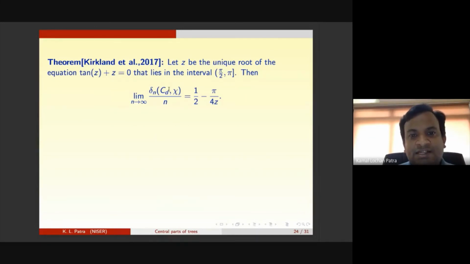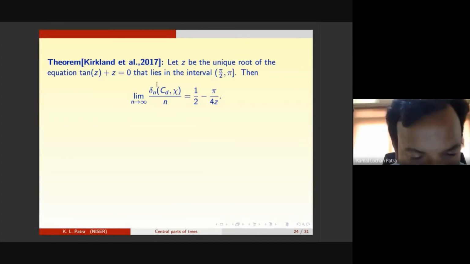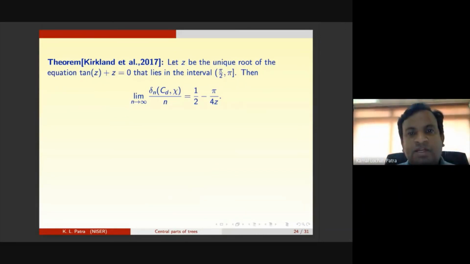So del n, CD chi and n. In that paper in 2017, which is published in Linear and Multilinear Algebra, they proved that let z be the unique root of the equation tan z plus z equals 0 that lies in the interval pi by 2 to pi, then limit n tends to infinity, del n CD chi by n is half minus pi by 4z.